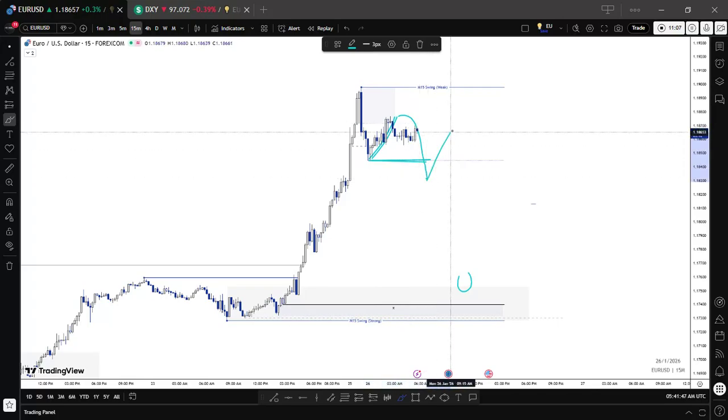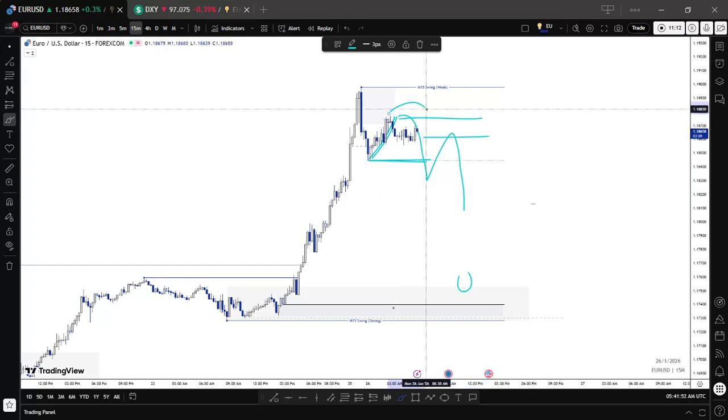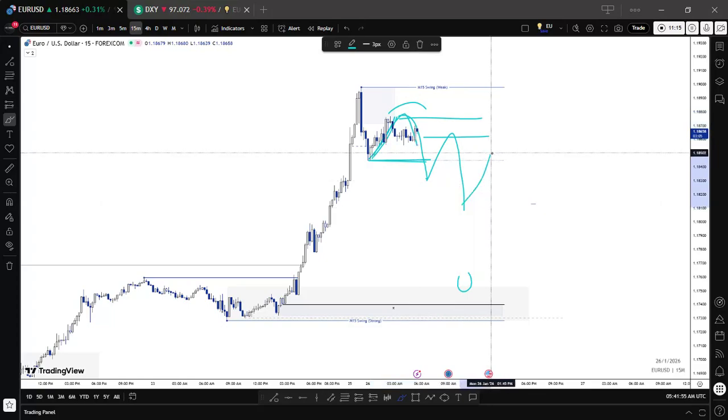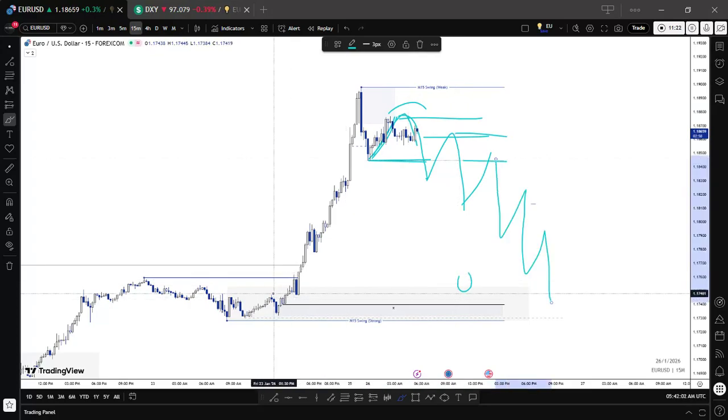So we can look for shorts from these strong highs that will be forming from the internal structures, to play the swing pullback. Then once price reaches the 4H demand, you can look for longs within this extreme demand for phase B, or you can wait for a bullish order flow shift.